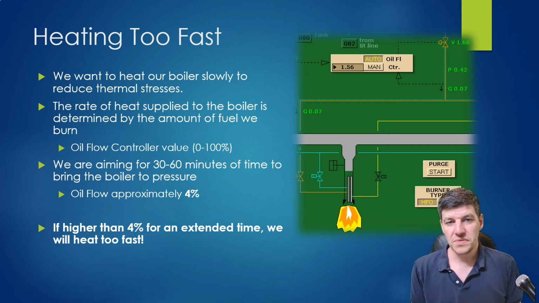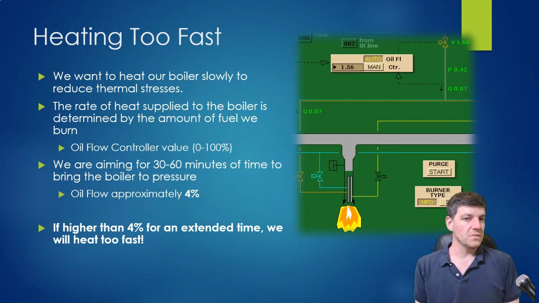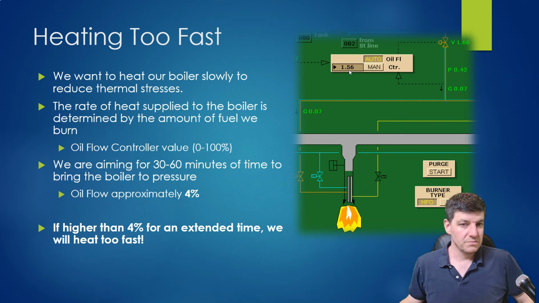And the rate that we warm up the boiler is really controlled by how much oil we're putting into the boiler. So the rate of oil, or our oil flow controller set point, is going to dictate how much heat goes into the boiler. And we can adjust that from 0 to 100%.